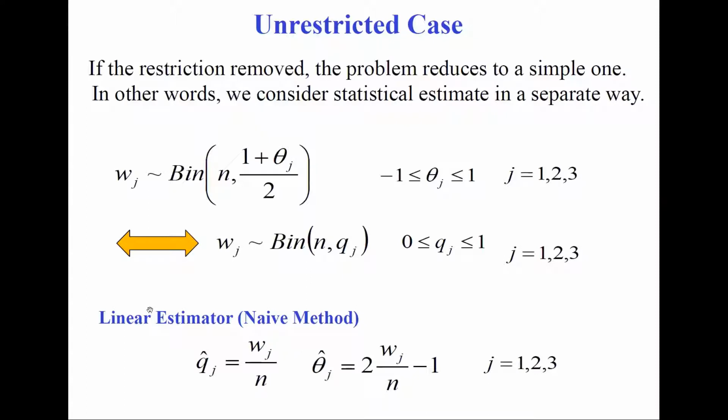In other words, if we see W, then q is estimated by W over N. And changing to theta, theta is estimated by 2 times W over N minus 1 for each j. There's no problem.